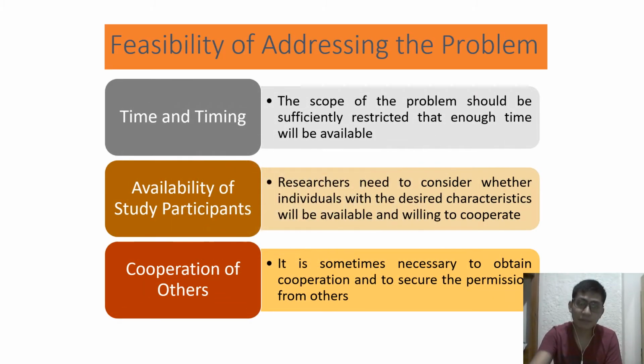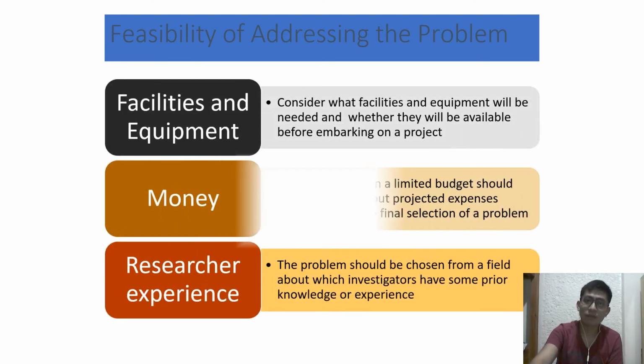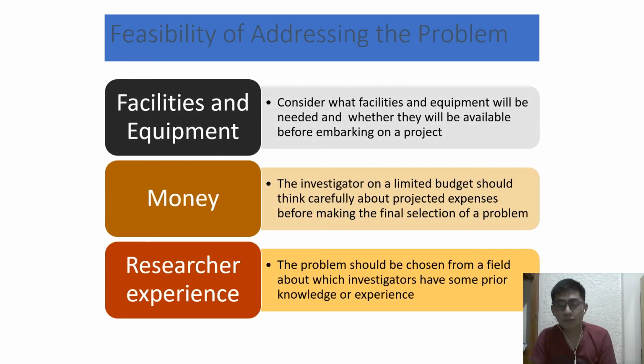Feasibility: there should be enough time and timing, availability of study participants, and cooperation of other stakeholders. Additional to feasibility, there should be facilities and equipment, money, and researcher experience.